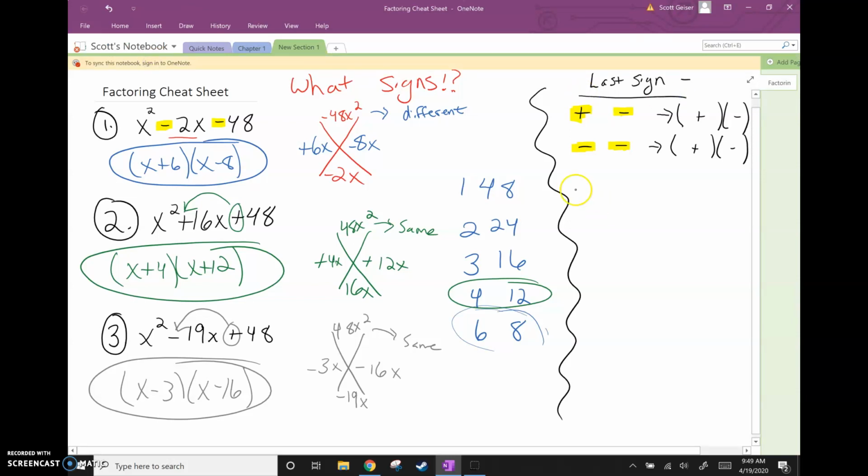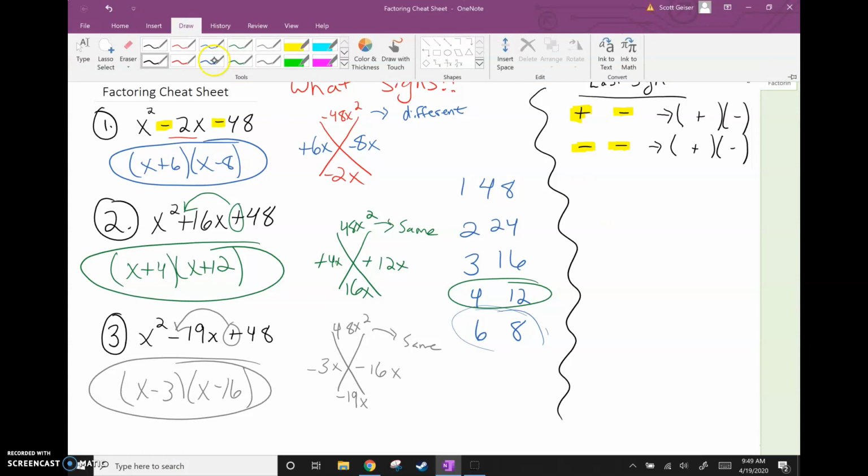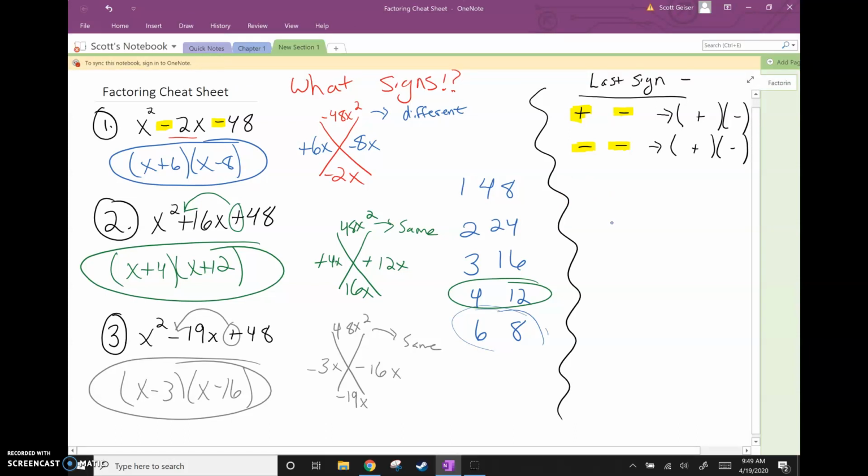Now, if the last sign is positive, which means I could have something like a positive and a positive, that tells me they're going to be the same. So I'd have plus and plus in between.